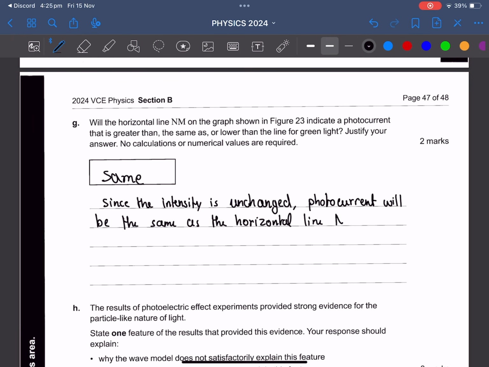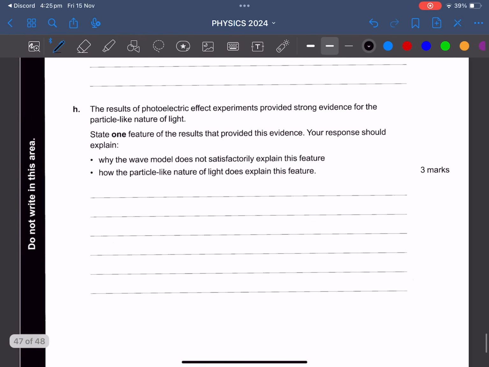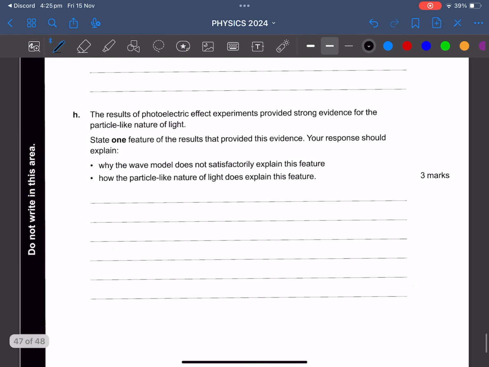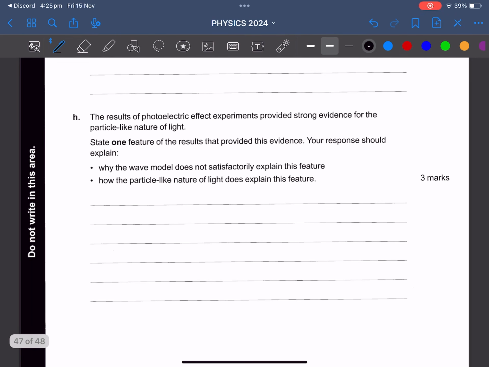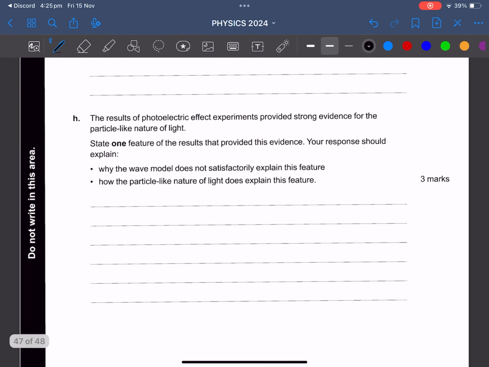The results of photoelectric effect experiments provided strong evidence for the particle-like nature of light. State one feature of the results that provided this evidence. Your response should explain why the wave model does not satisfactorily explain this feature, and how the particle-like nature does explain this feature. So in this one, I'll be talking about the threshold frequency.